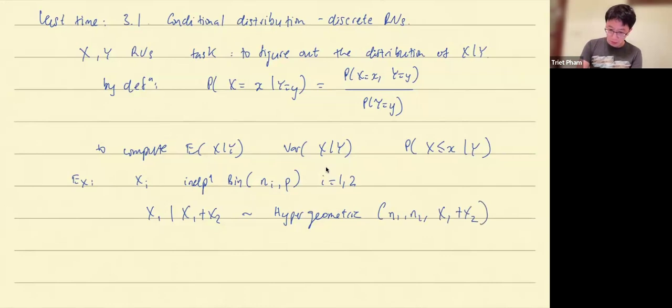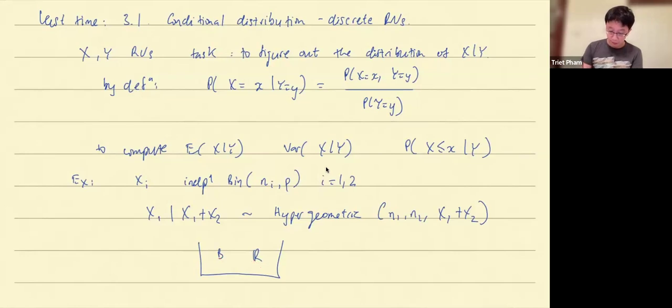Basically n1 is the number of items of the first color in the urn. Remember, the hypergeometric is about a model of an urn with two categories, let's say blue and red.